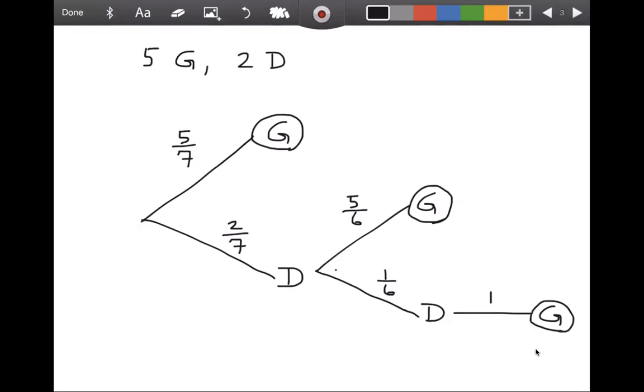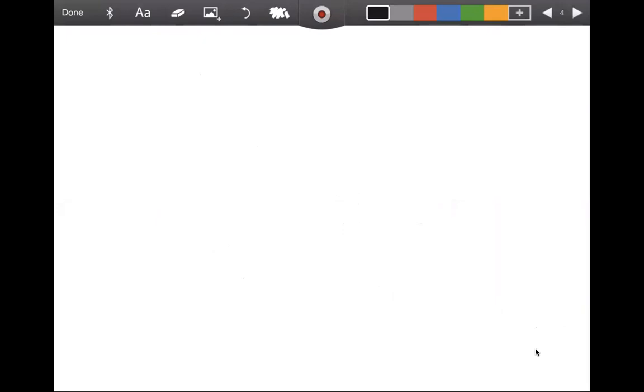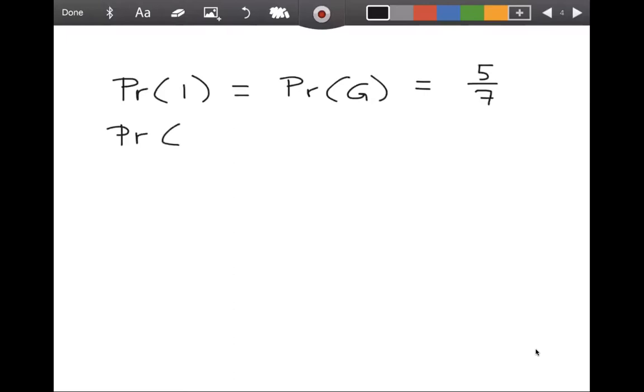Okay. So now we can find the probabilities of selecting 1 or 2 or 3 bulbs. The probability of selecting 1 bulb is equal to the probability of selecting a good bulb on the first try. That probability is 5/7. The probability of selecting 2 bulbs means first you picked a defective bulb and then you picked a good bulb.